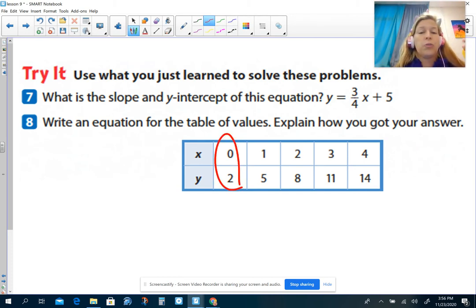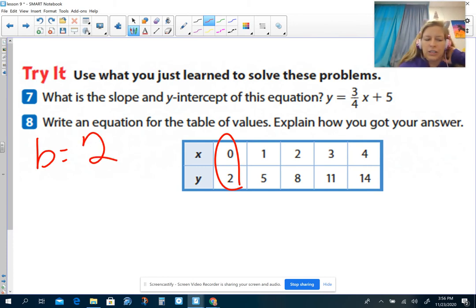Hopefully, you found your y-intercept right there. When x is 0, y is 2. So my y-intercept is automatically 2. Okay? All right. Now, let's see if we can find our slope. Did you use your equation? Let's see. I'm going to use the equation. x1, y1, x2, y2.